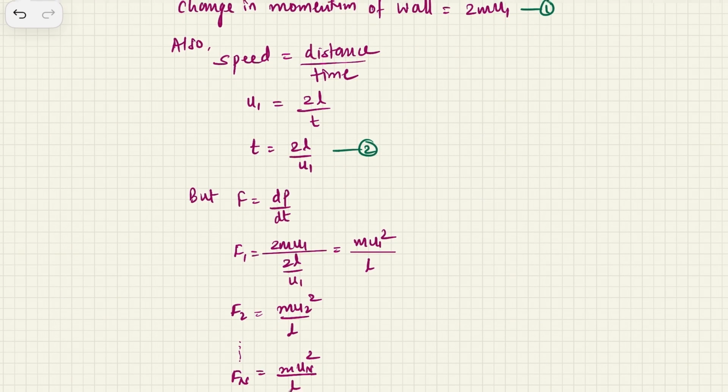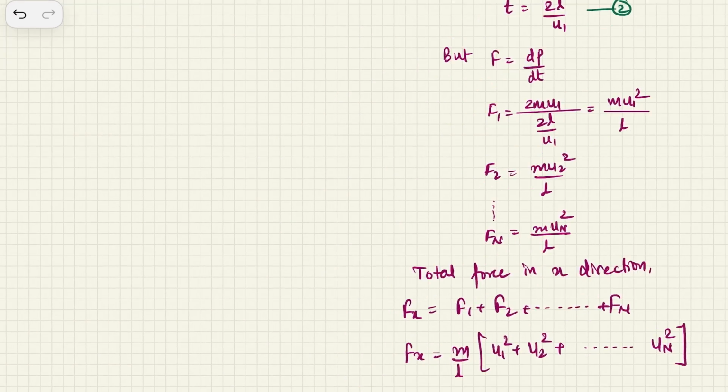Let's do it. So force is equal to dp by dt. In place of dp, that is the change in momentum, I'll put it over here, 2mu1, and t as dt, that is the change in time.